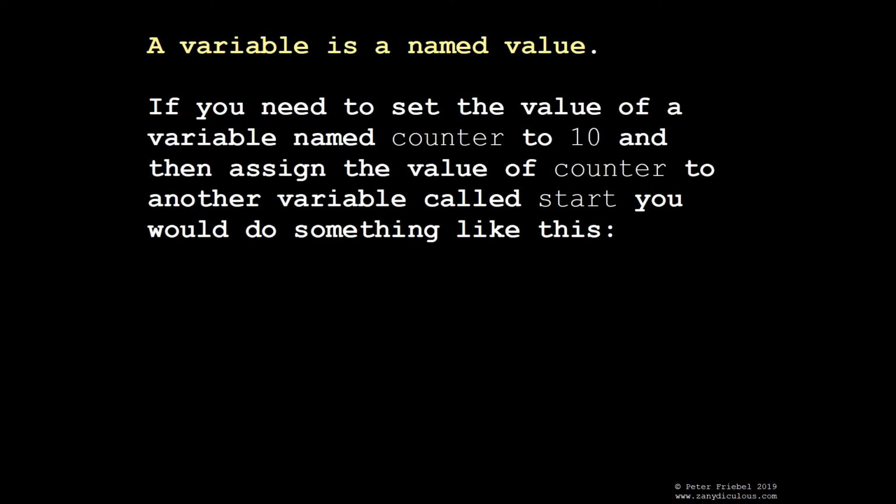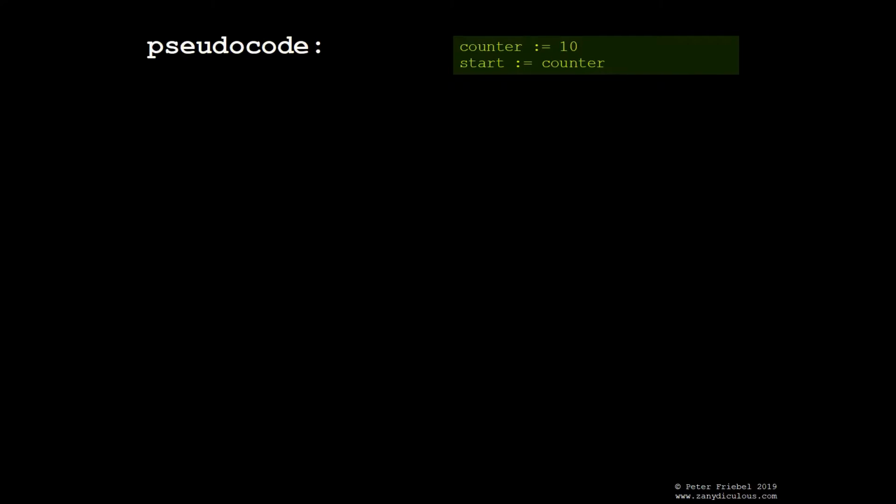If you need to set the value of a variable named counter to 10, and then assign the value of counter to another variable called start, you would do something like this. In pseudocode, you would write counter becomes 10, start becomes counter.